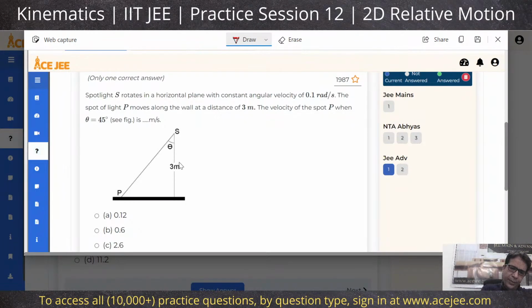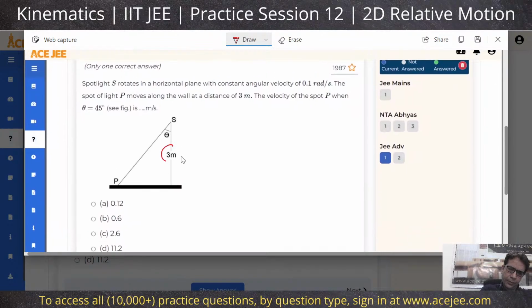The wall is at 3 meters, Chavi. Ruchika, beta, shall I go ahead and write down the steps or discuss the steps, or shall I wait? Okay, so let me write this down.